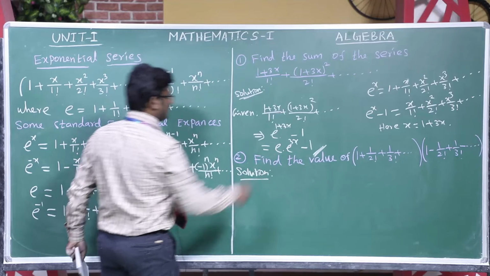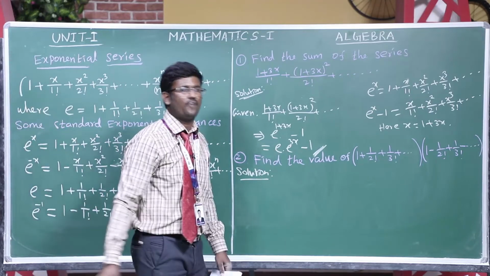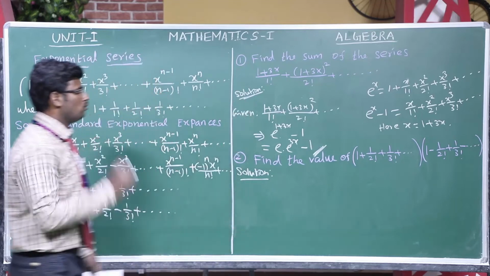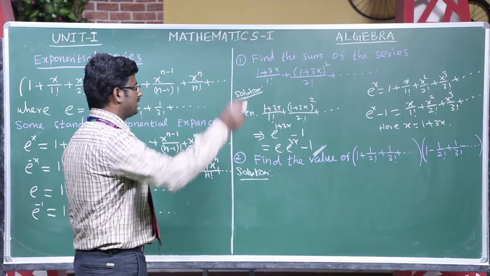Solution, this is the given: 1 plus 1 by 2 factorial plus 1 by 3 factorial up to etc., then 1 minus 1 by 2 factorial plus 1 by 3 factorial minus etc.